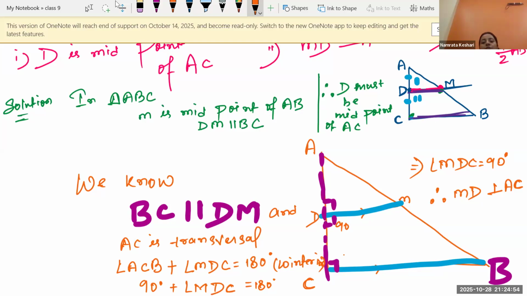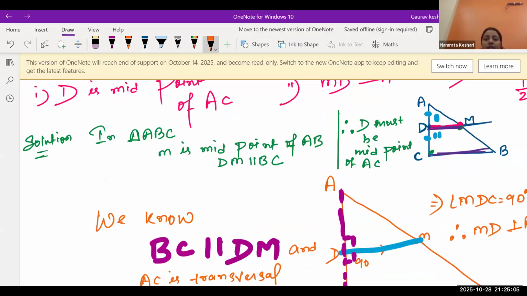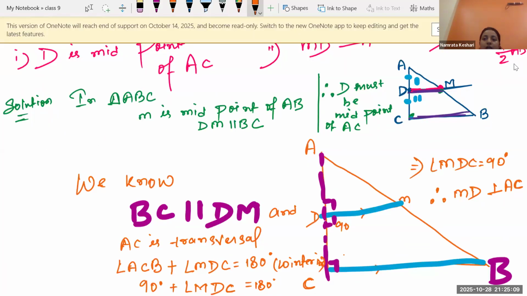Is it clear to all of you? Yes, ma'am. Anyone having any confusion? No? The third part we are still left with. Yes, Gauri, Chakrika, Lokya, Afia, Tanisha, are you getting it? Yes, ma'am.